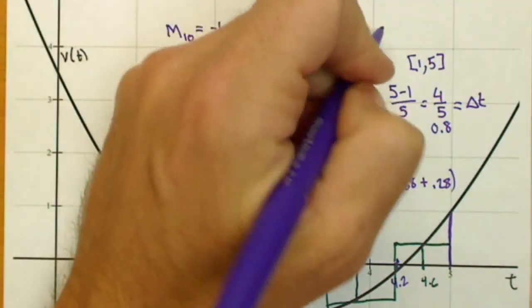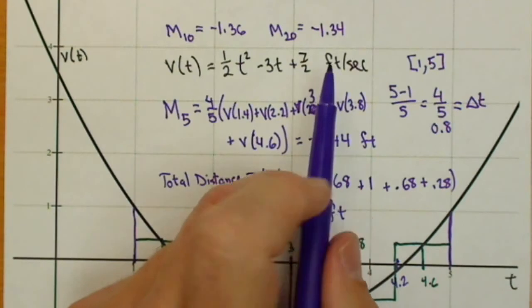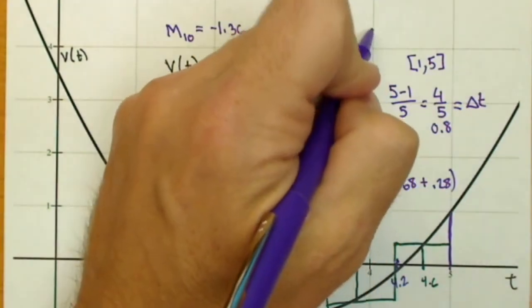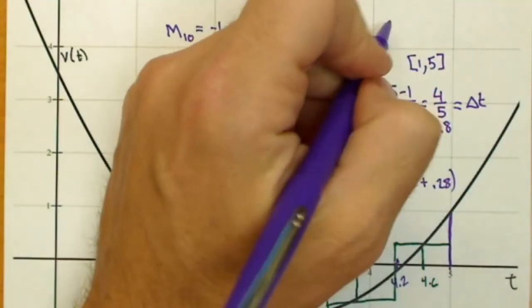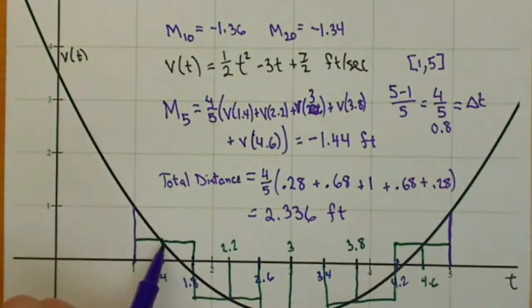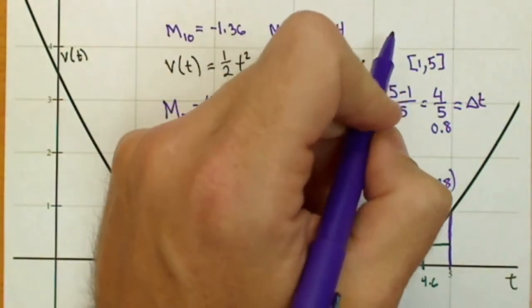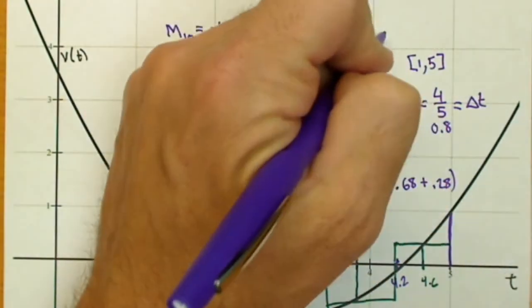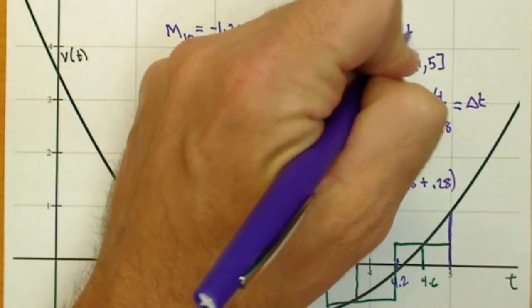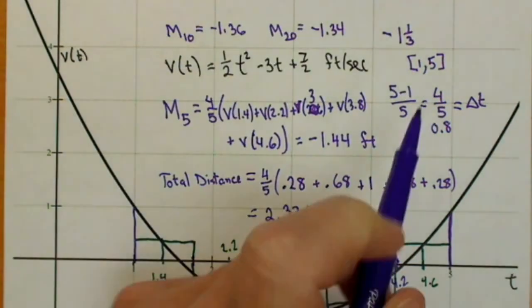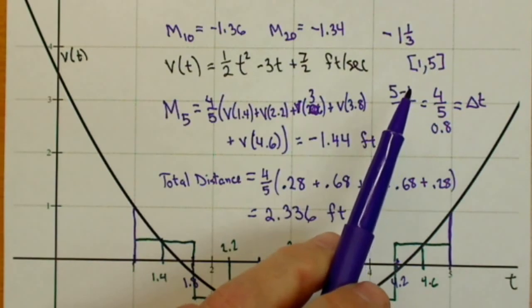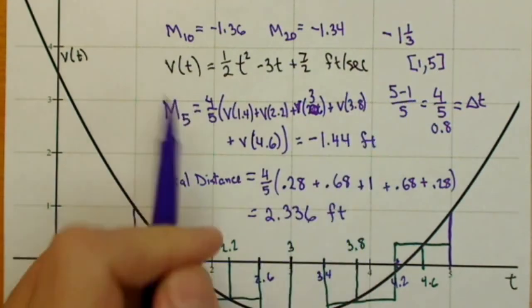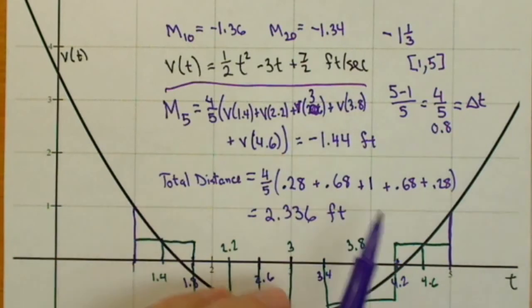And what we could see is as we take the number of rectangles to go to infinity, it looks like the actual area between the curve and what the midpoint rule would eventually give us is negative 1 1/3. And that would be our change in position between 1 and 5 seconds given this velocity function.